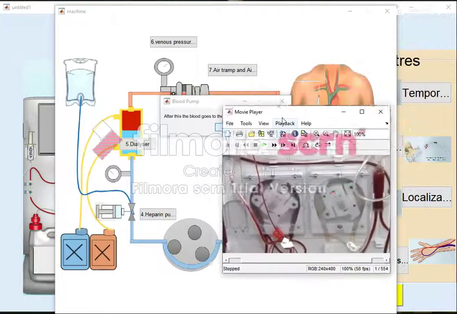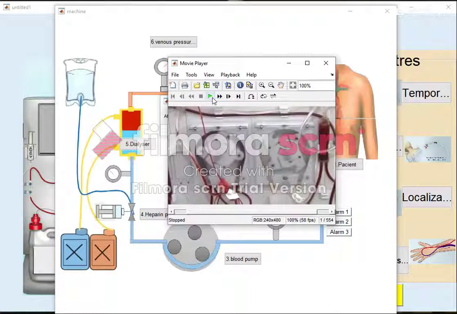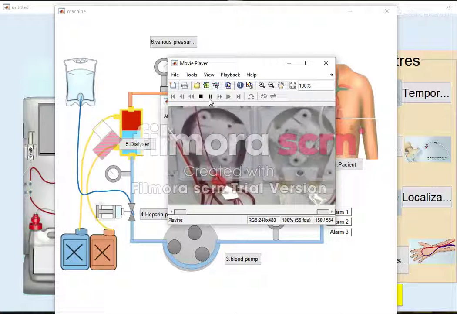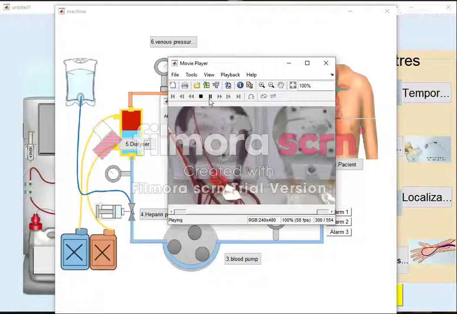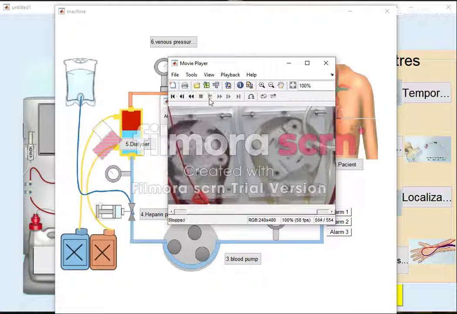We can see this idea at this point with a little video of the peristaltic motor and its use for the machine.